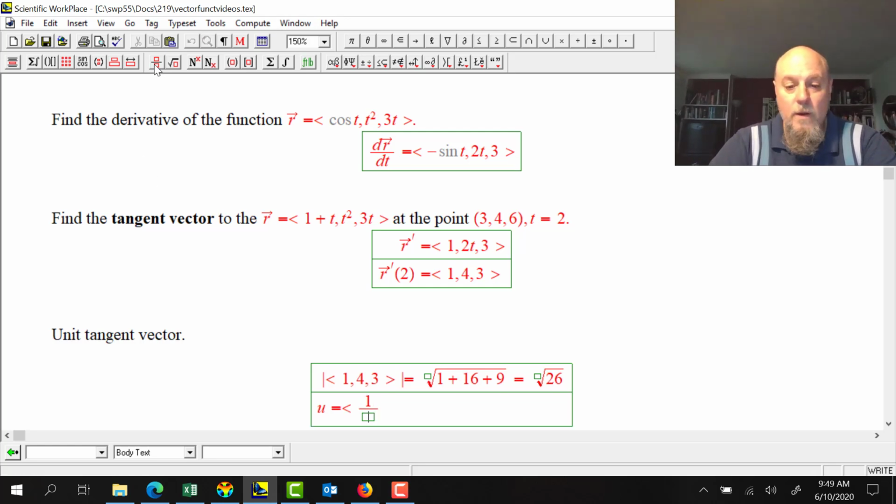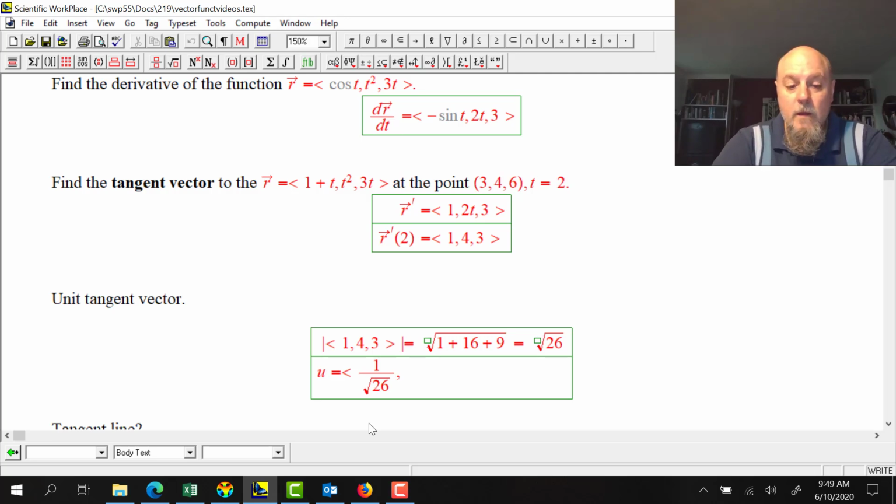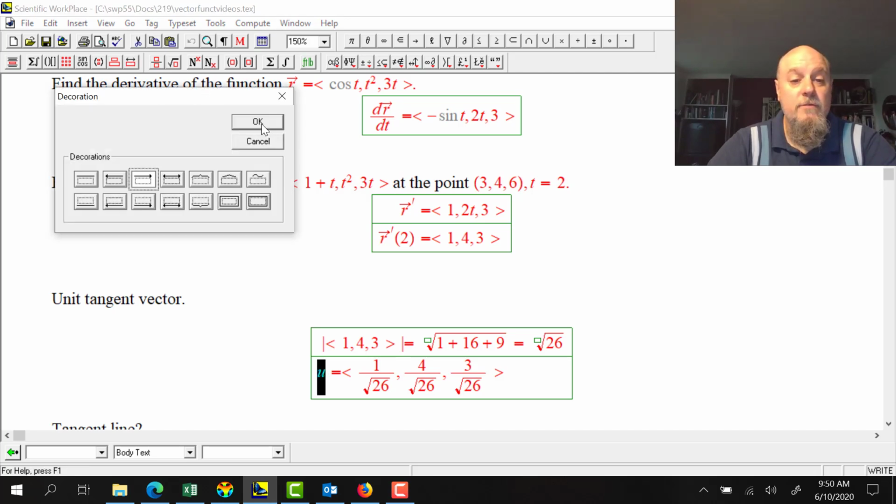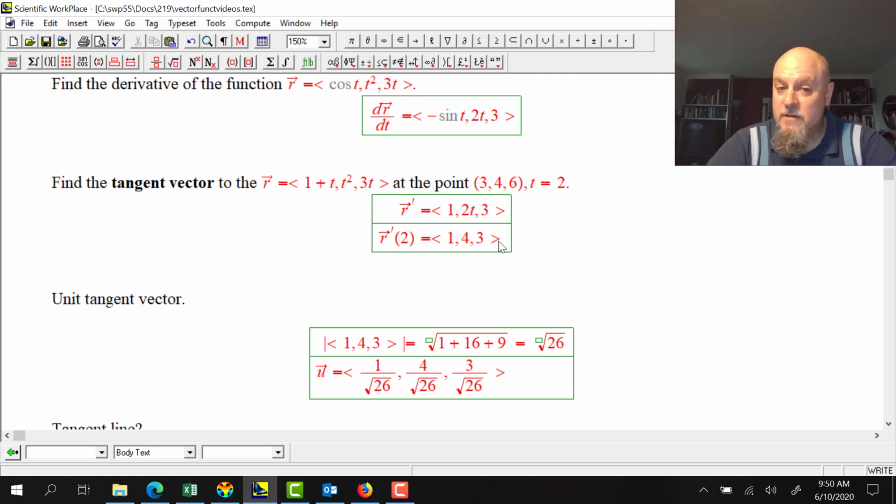So that's going to be 1 divided by root 26, 4 divided by root 26, and 3 over root 26. Put that up here. And it's a vector, so let's put our vector hat on it here. It's a unit vector that points in the direction of the tangent vector.